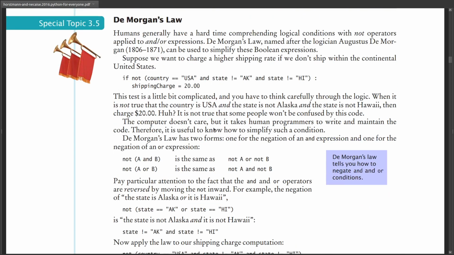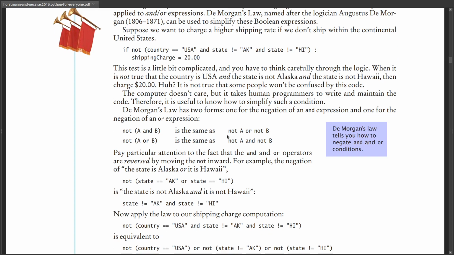So if you have something like this: if not country is equal to 0, or state is not Arkansas, or Alaska, I'm sorry, and then state is not Hawaii. So this could be confusing, but as you know, not (A and B) is the same as not A or not B. So when you have a not, you negate the operands and invert the operator inside the parenthesis.